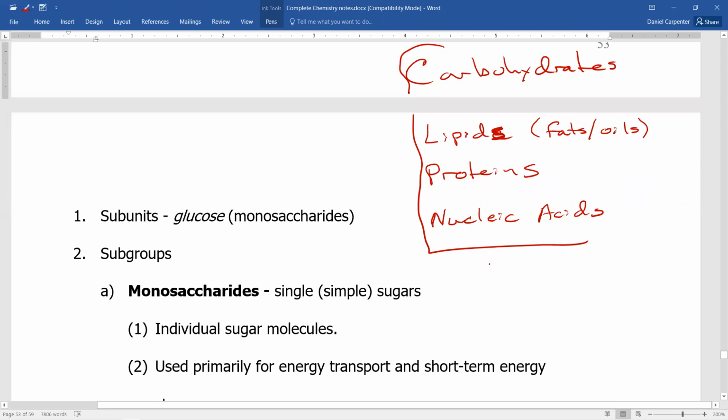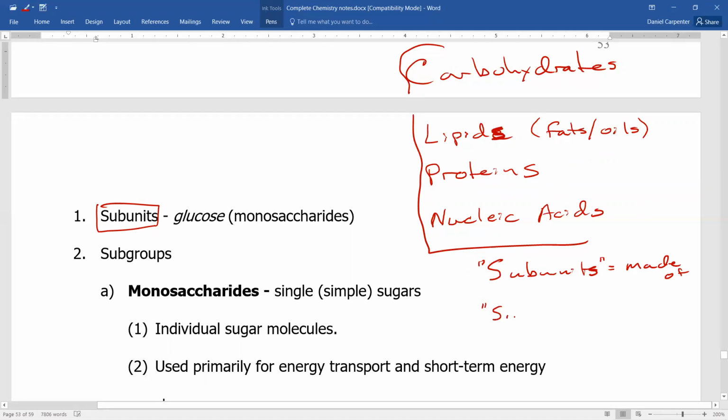So under these, we've got the subunits. See, like right here, the subunit for carbohydrates. The subunits are what they're made of. Like starch is hundreds of glucose molecules hooked together in a chain.